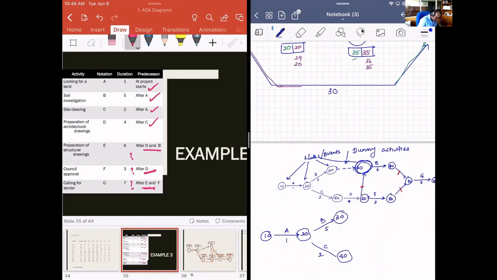D after C. Now the issues come. E should be after both D and B. So we can draw activity D like this, if you want.